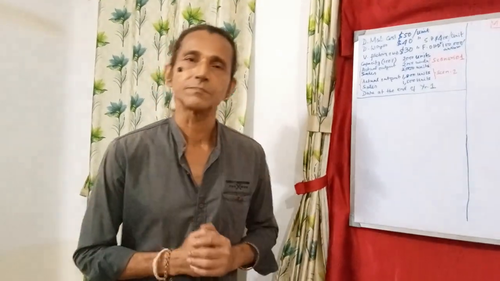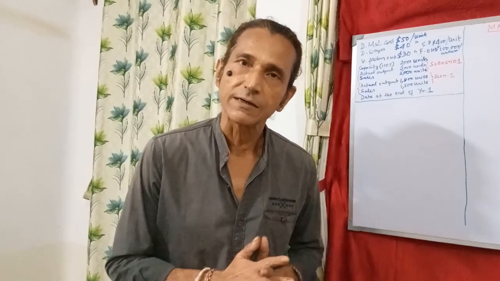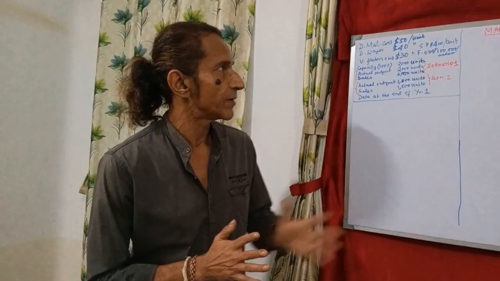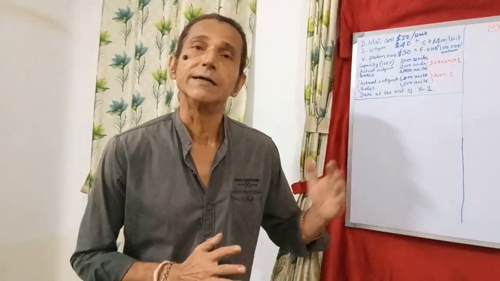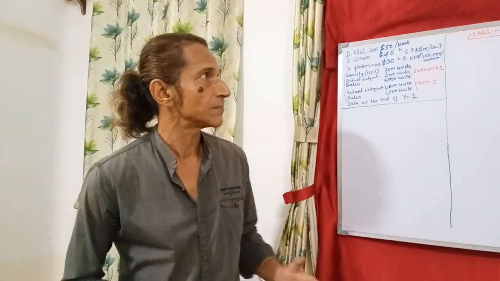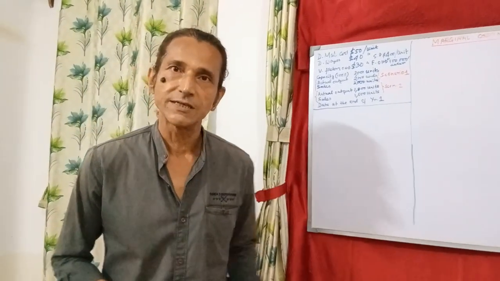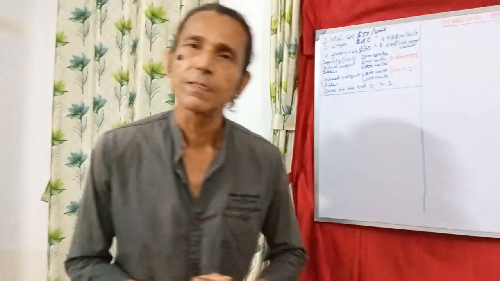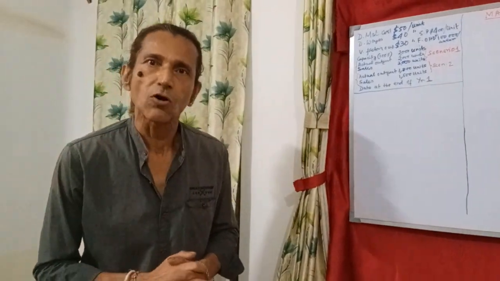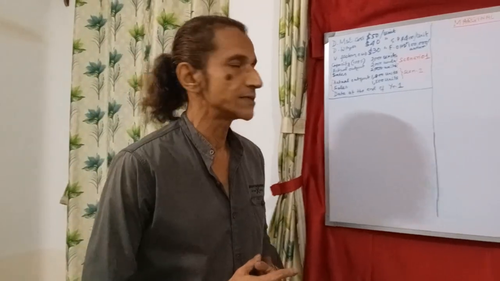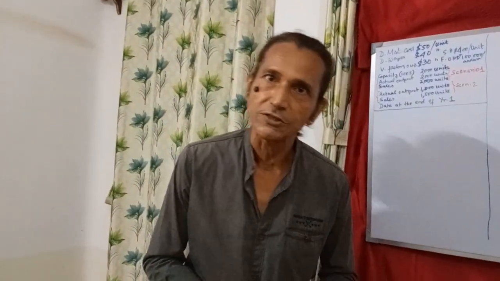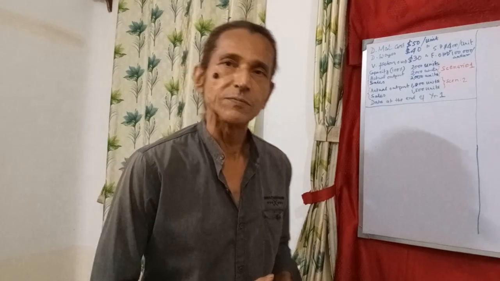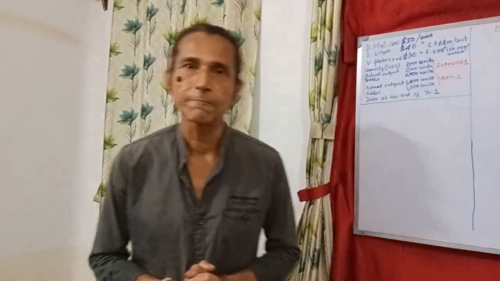This is the reason the cost of production as per marginal costing differs from cost of production as per absorption costing. At the same time, valuation of stock as per marginal costing differs from the valuation of stock under absorption costing. Right?